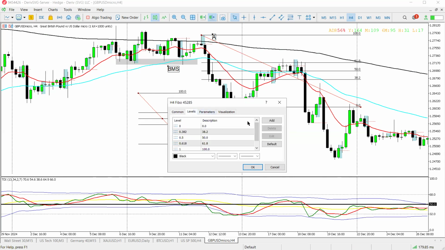Then on levels, this is where you can add any level you need or adjust. On the default MT5, I've forgotten what levels are there, but you can tap a level and delete it if you don't need it. You can tap a level and change the parameters, or you can add a certain level which won't be there. That's how best I can describe how to adjust these values.